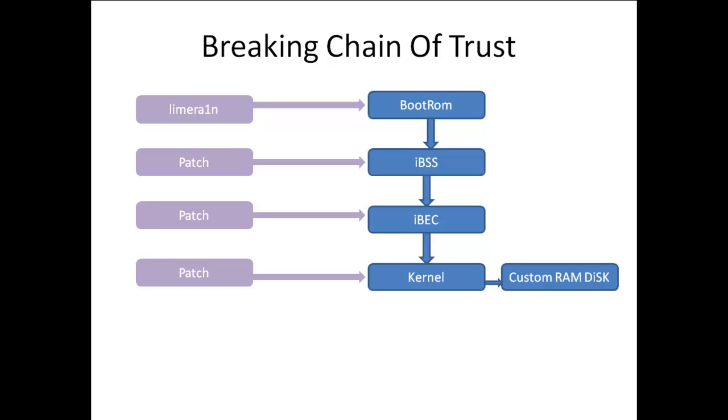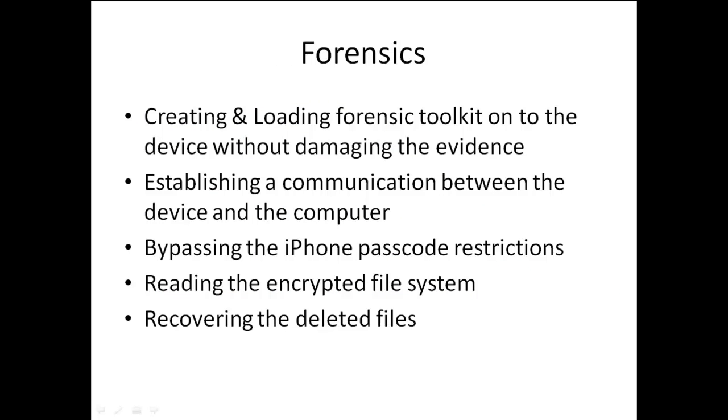To perform iPhone forensics, I am going to use iPhone 4 GSM model with iOS 5. There are mainly 5 steps involved in performing iPhone forensics. First, we have to create and load our forensic toolkit onto the device without damaging any evidence. Next, we have to establish a communication between the device and the computer.